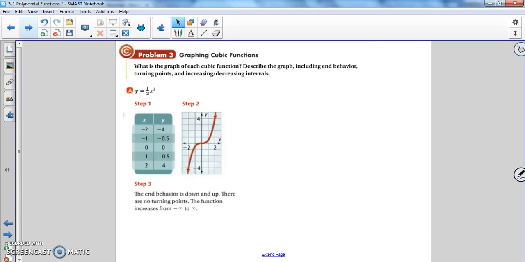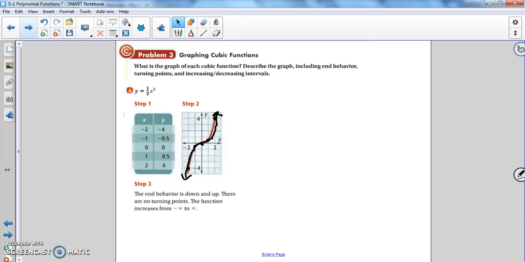And once you plug in all the x values from -2 to 2, we get -2, -4, -1, -1/2, 0, 0, 1, 1/2, 2, 4. And we connect with arrows. So our end behavior is down and up.